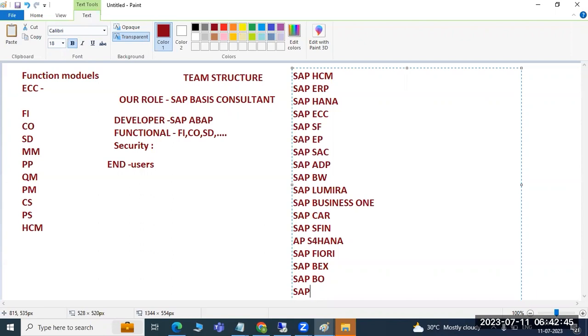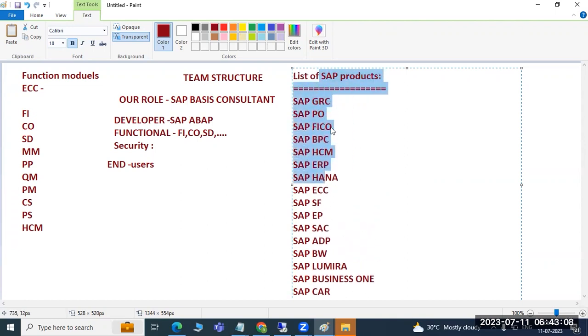Training management, MDM, MDZ, so many are there in SAP products. It's not possible to remember all, but these are the most used, like MDZ, BEx, Fiori, S4, SFIN, CAR, Lumira, BW, SAC, EP, ECC, HANA, ERP, ECC.